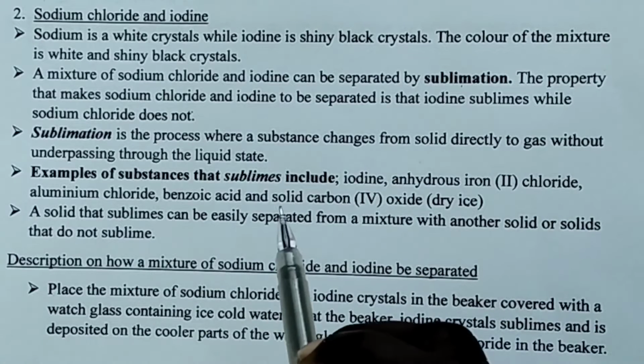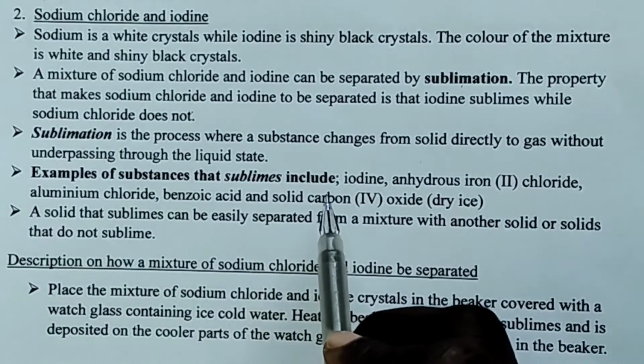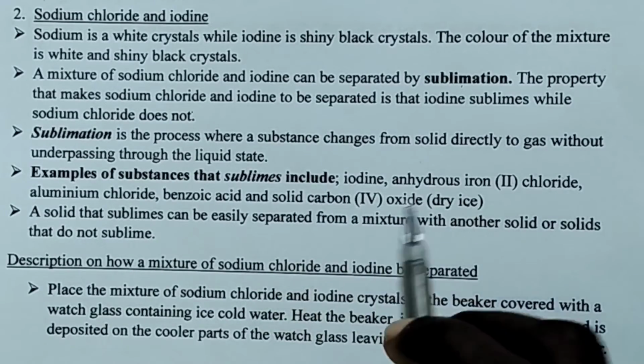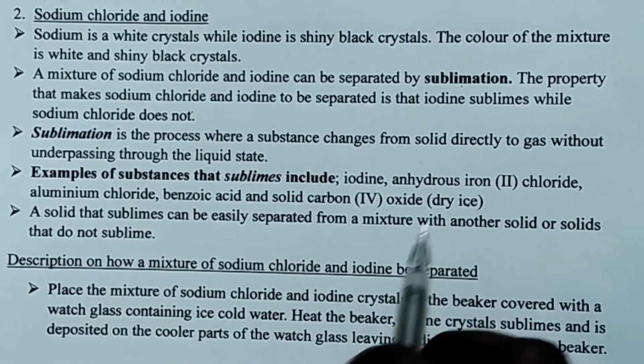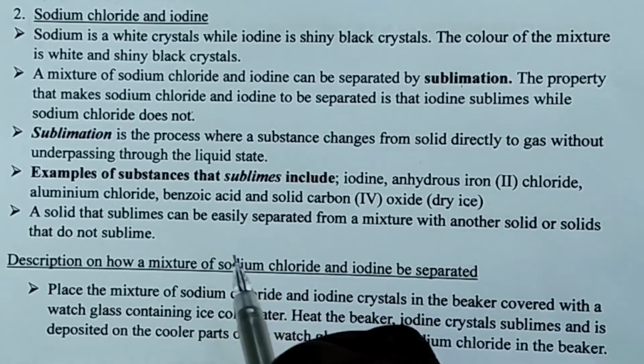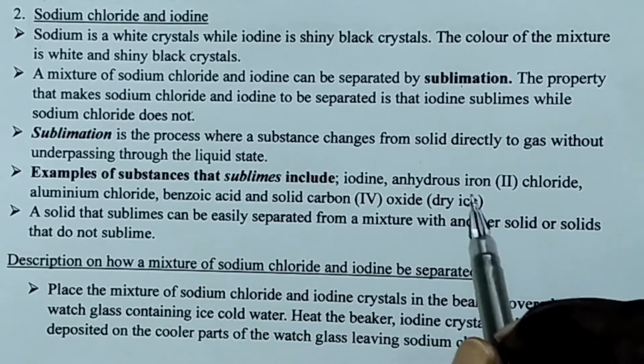During the exam, you can be told, apart from iodine, state 3 other substances that sublime. So you can talk about anhydrous iron 2 chloride or anhydrous iron 3 chloride, aluminum chloride, benzoic acid, and also solid carbon dioxide or dry ice.